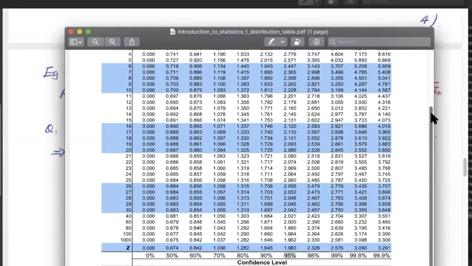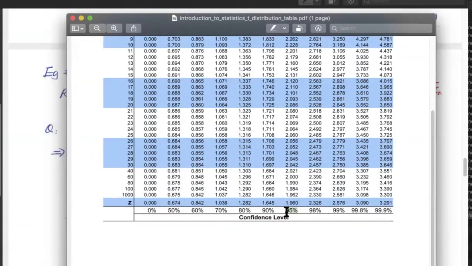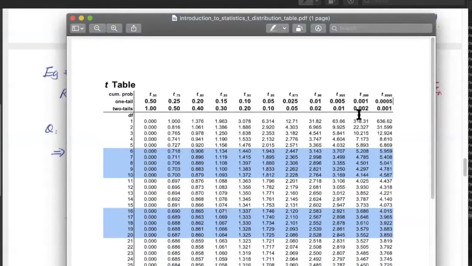Remember I said starting from the bottom, confidence level 95%, that's 1, 2, 3, 4, 5, the fifth column from the right. Everybody, you see that on the left is what? DF. Remember what that stands for? Degree of freedom, the one that we just mentioned, right?